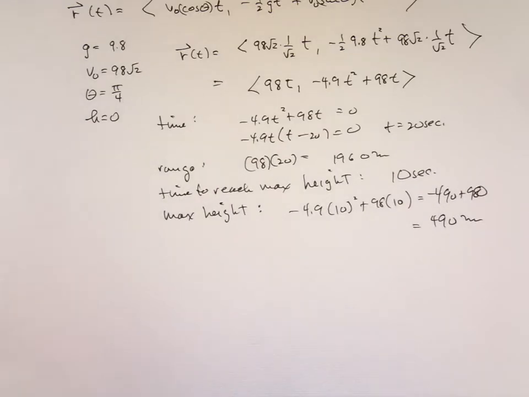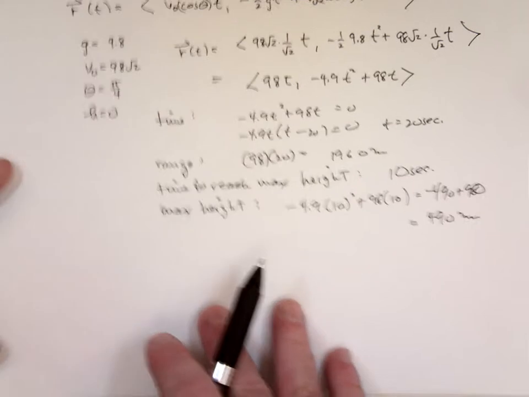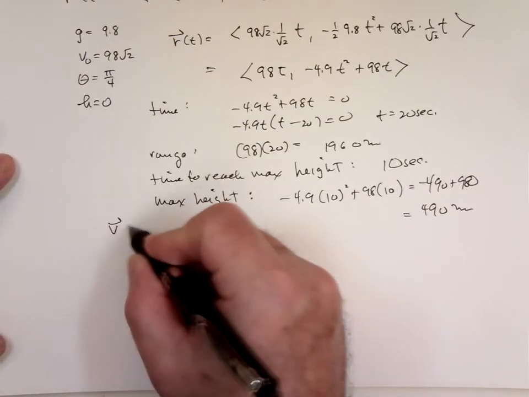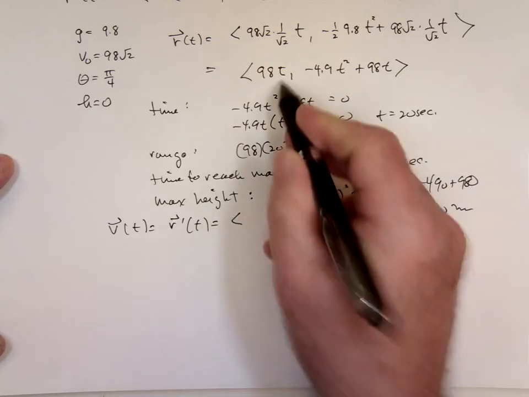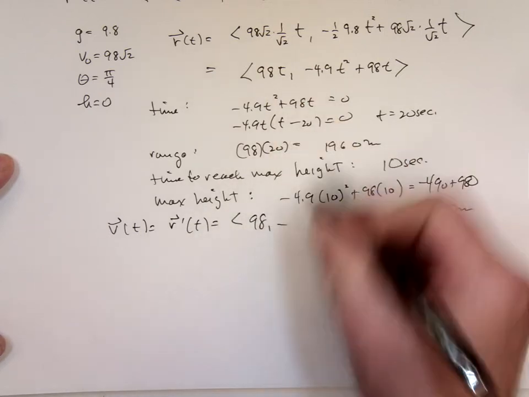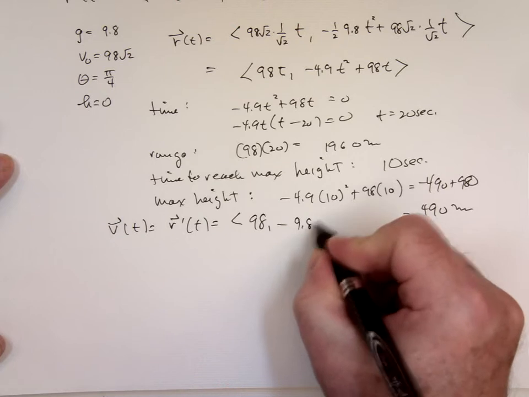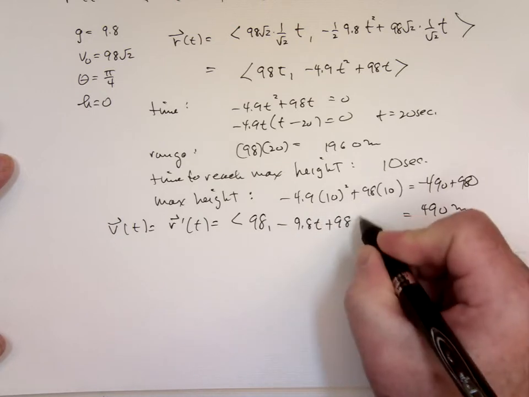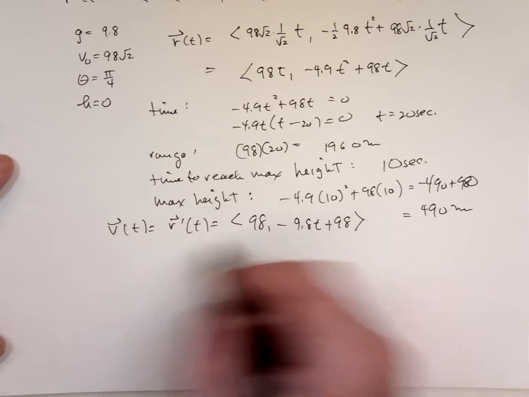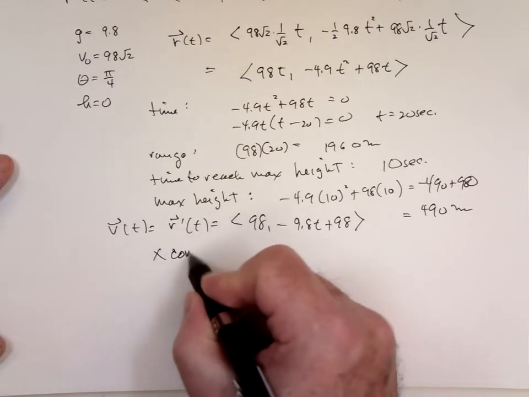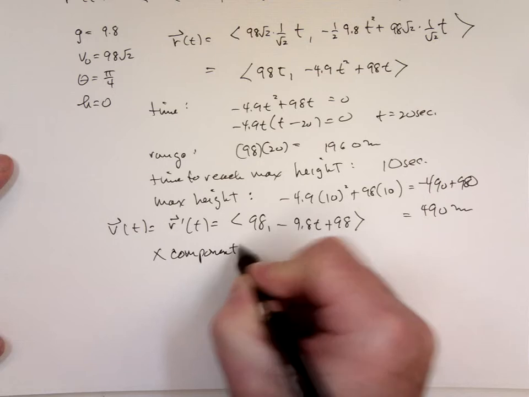The x component of the velocity at max height. Well, the velocity is the derivative of the position, and that would be a negative 9.8t plus 98. Okay, and we want the x component at max height. Well, it's 98.